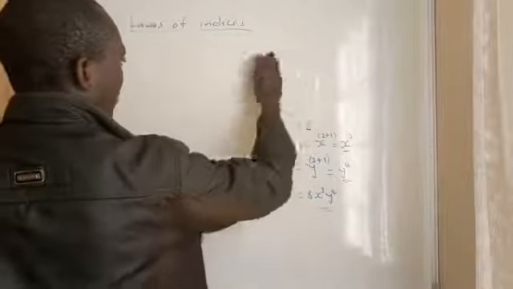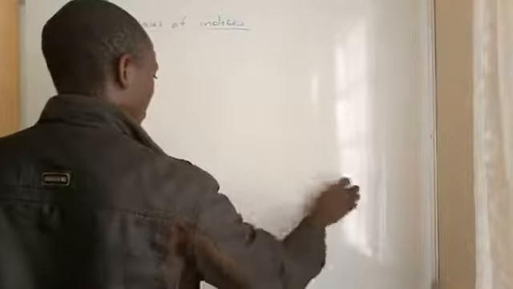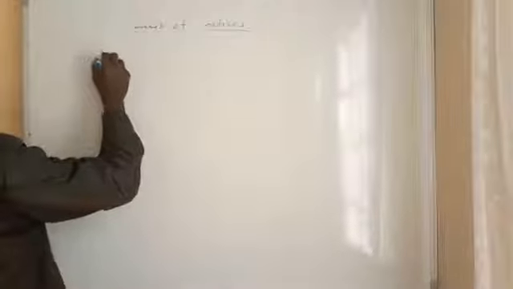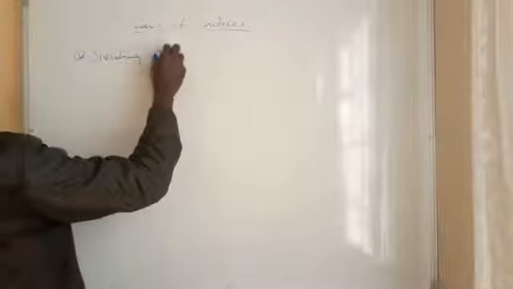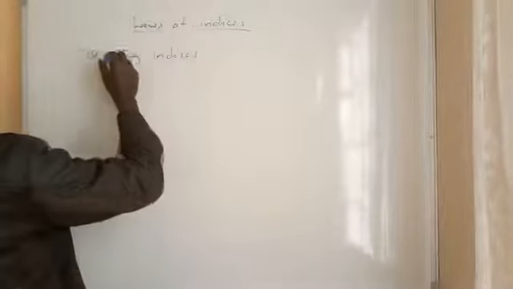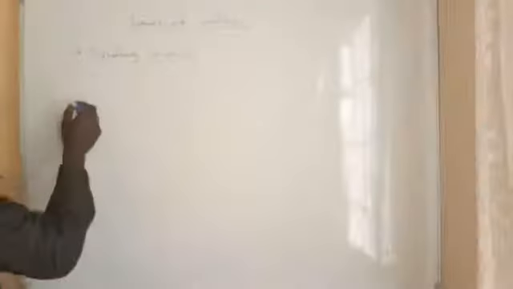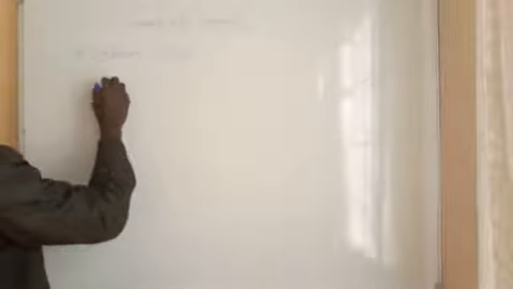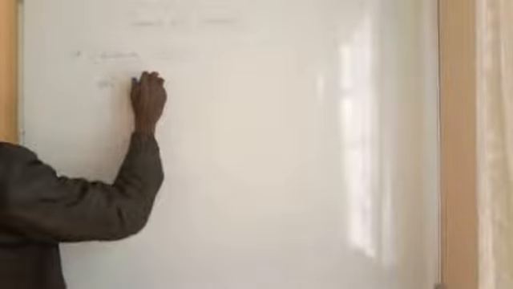we have the division law of indices. The division law of indices, that is dividing indices. This law says if I have m to power a, you divide by m to power b.